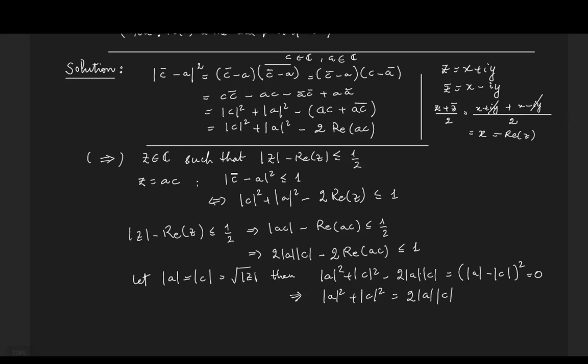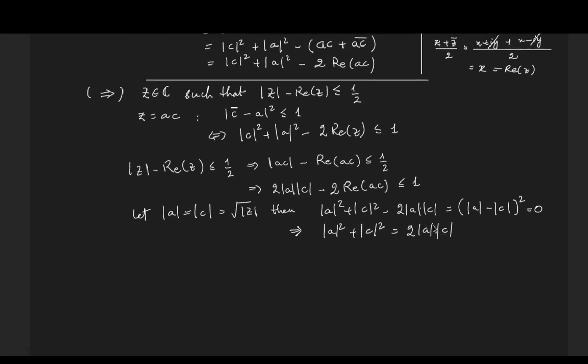So, since we have this, if we return to this relation here, this will become 2 times |a||c| replaced by |a|² + |c|² - 2 Re(ac) ≤ 1.